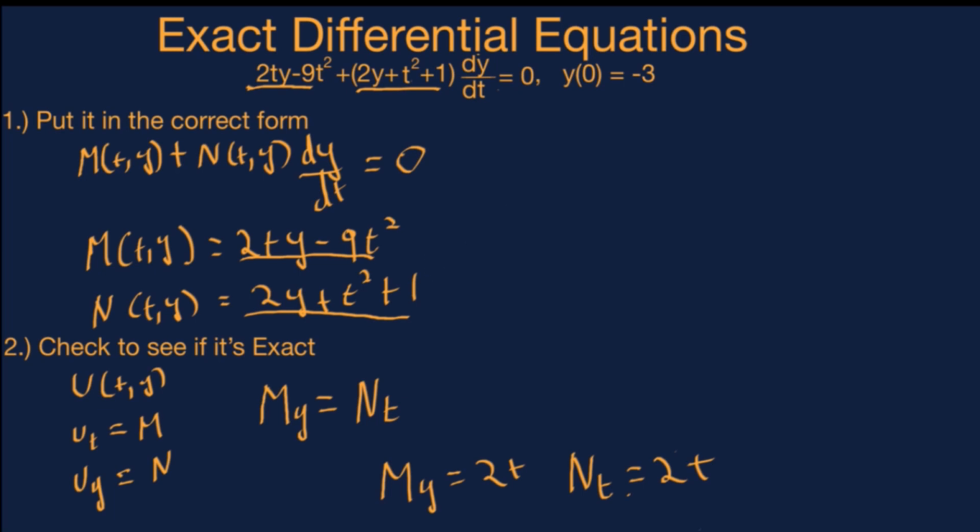So now we know that the function u exists and that its partial derivatives are the function M of t and y and N of t and y.